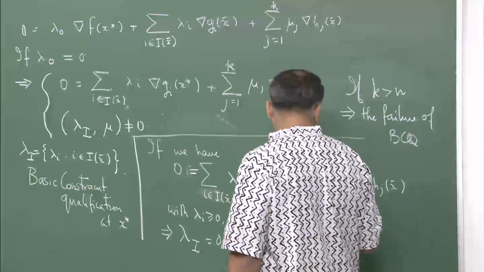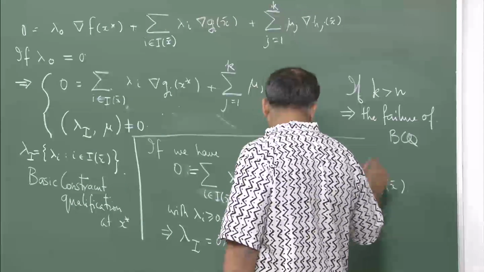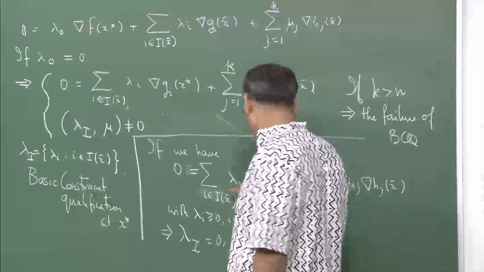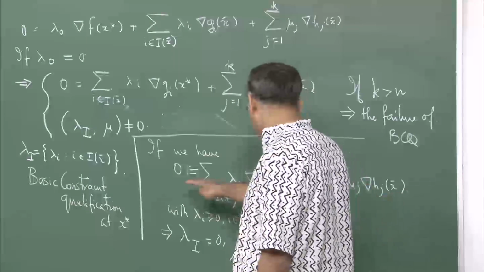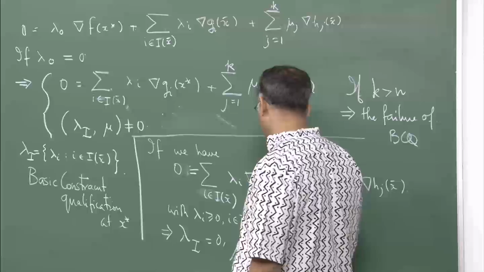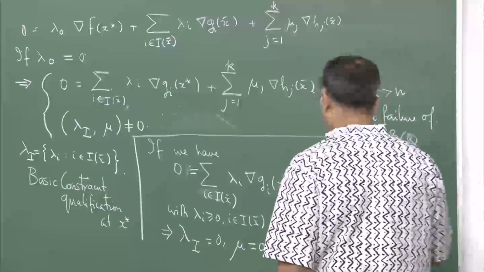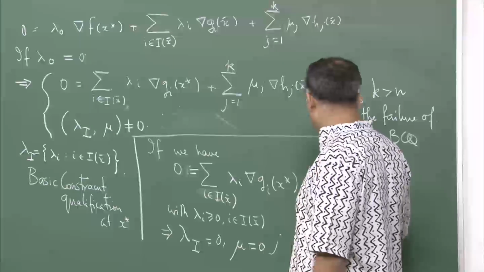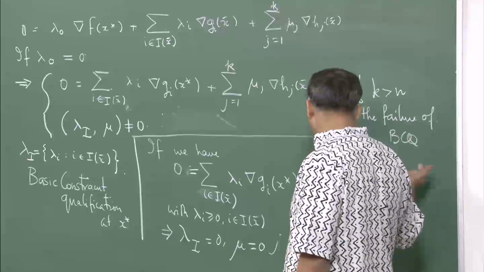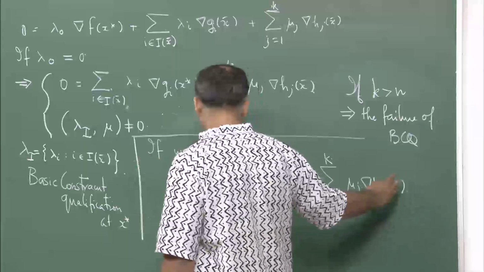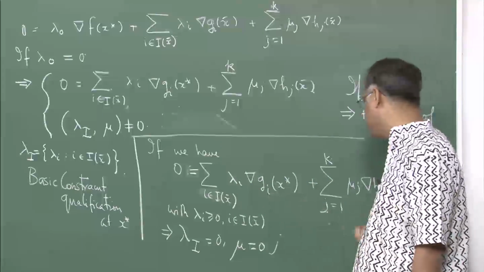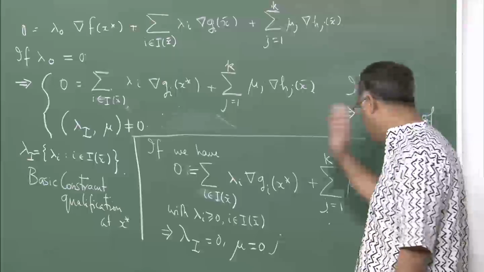Now, because of the fact that grad Hj bar are all linearly independent, and this system is not having a solution, I must have tau greater than or equal to 0, because if tau is not all equal to 0 and this is linearly dependent, then I can put some mu j non-zero, and then I put all the lambdas 0 and make this 0, which will be contradictory to the fact that this system cannot have a non-zero solution, that there cannot be lambdas and mu j's, all non-zero, which add up to 0.